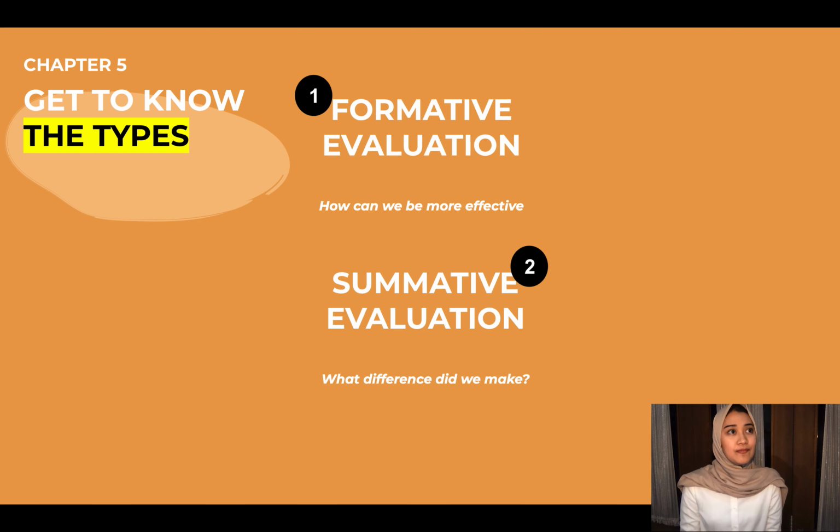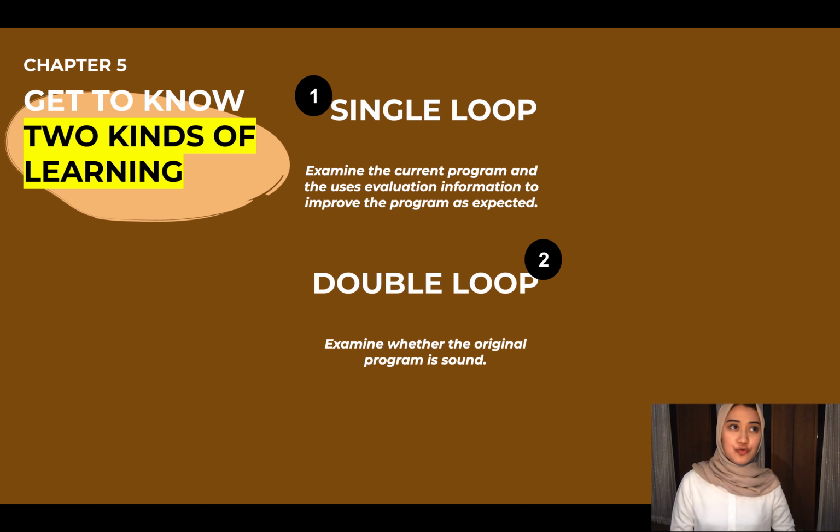So we view these two types of evaluation differently. From the formative, we look at our work. Meanwhile, in the summative, we ask the people what they think about our work. So that's the main difference between these two types of evaluation.